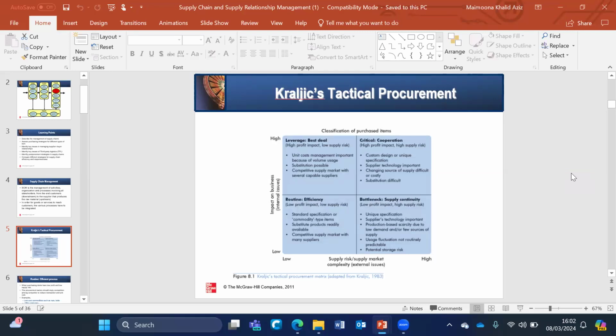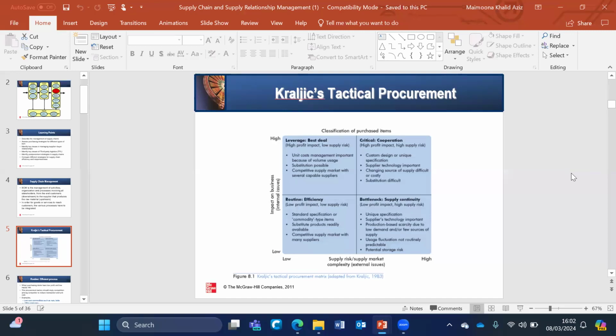Now, the next thing in this graph is the low profit, low risk. That means that is something that is giving you a low profit in your business, and the risk is also low. That means that something is very routine and you just need it in order to be efficient. So your efficiency depends on you having this product, so you would like to have it in a routine way. Now, the next one is bottleneck.